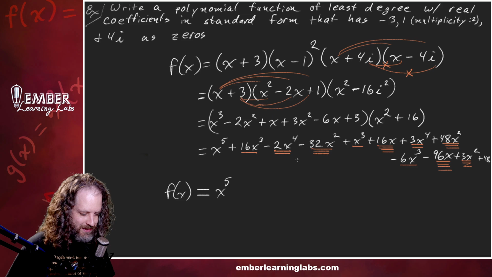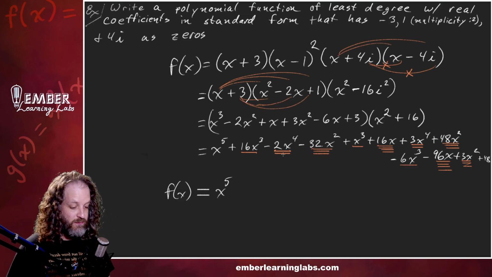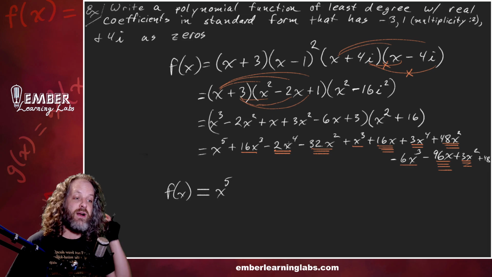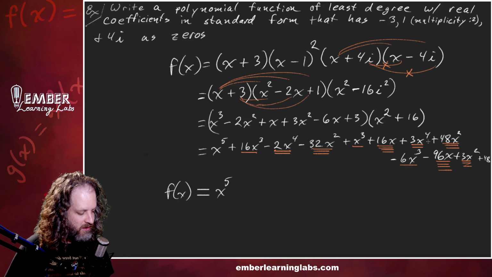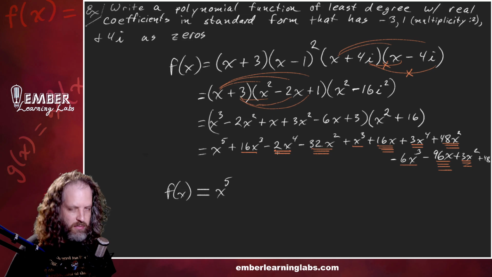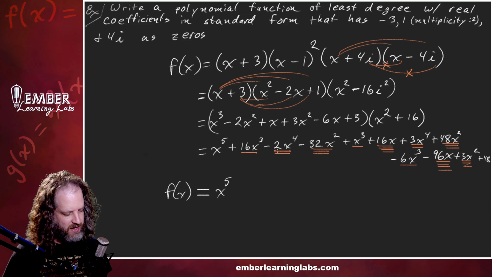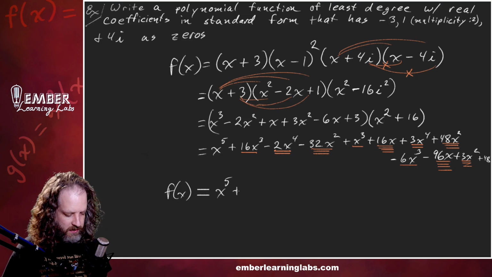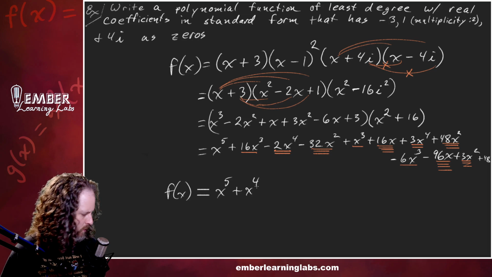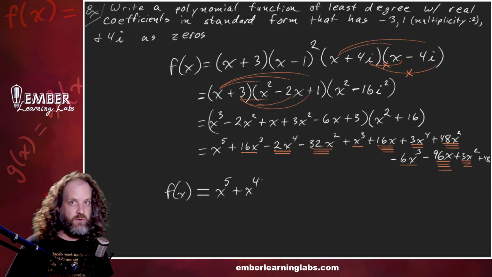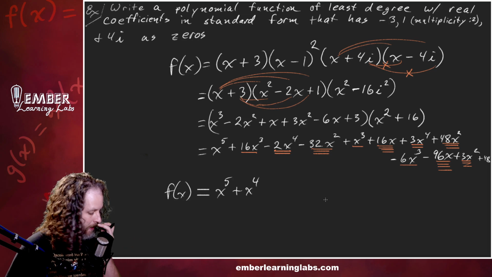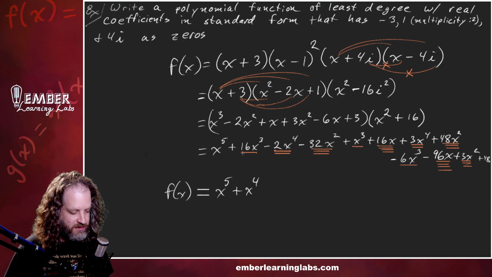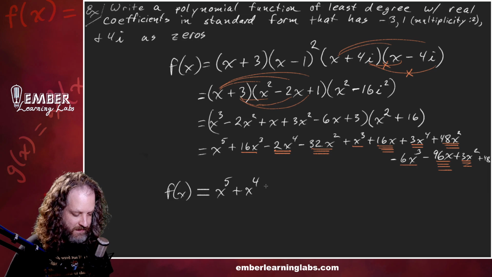I really should do the fourth terms next. That way I don't have to rearrange and write one more line. Let's do these double underlines next. Probably should have done my underlines that way. So negative 2 plus 3 is 1. So plus 1x to the 4th. So far, we're matching what we expect. Now I'm going to do the single other line. So 16 plus 1 minus 6 is 11 still.